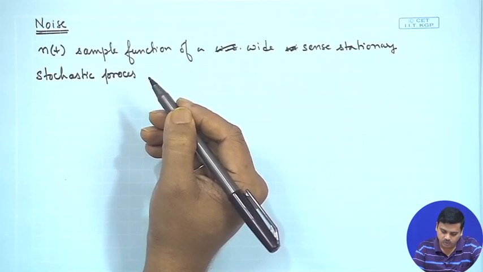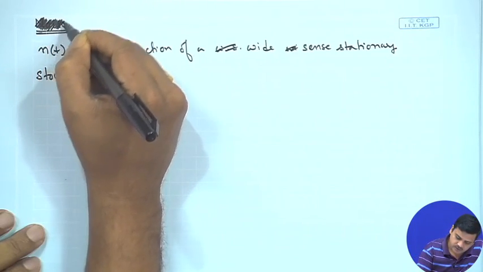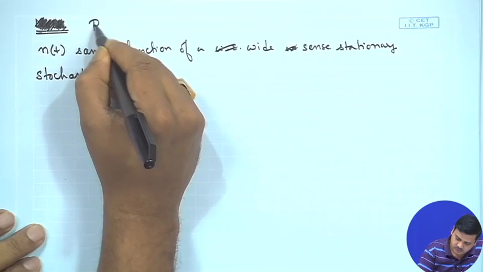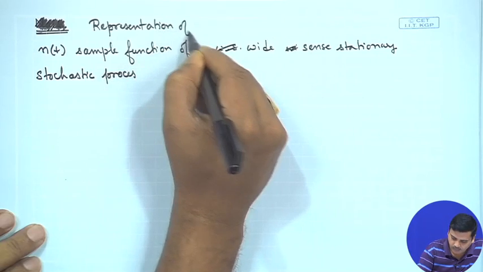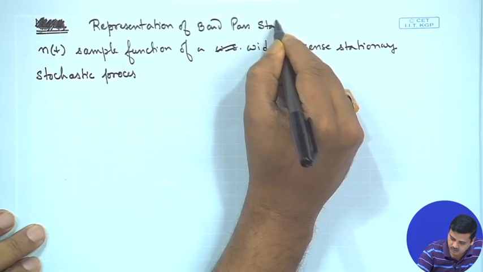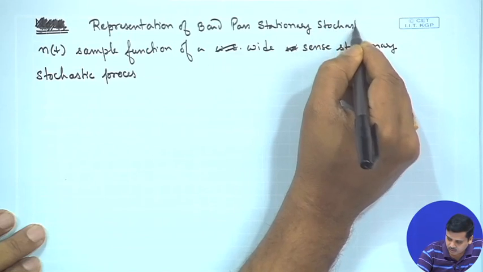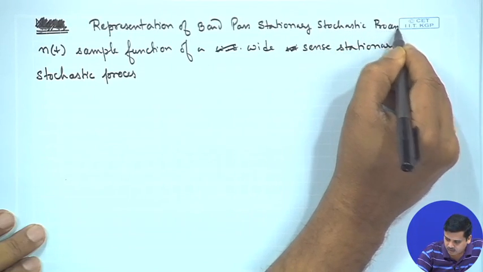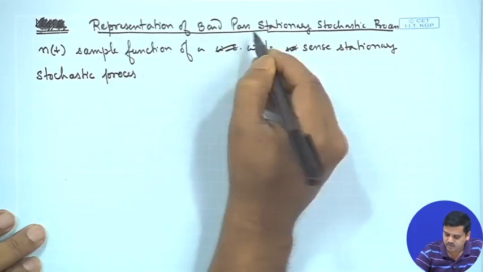What we are going to do is discuss the representation of a bandpass stationary stochastic process. So, once we do this, we will find how noise relates to this description, and then whatever we derive in this particular thing would be directly applicable to that of noise.